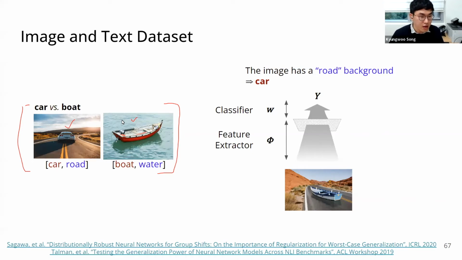In short, the machine might learn the non-invariant features, the background. It will cause a problem when we encounter a new image at test time. The machine will determine the right image as a car because the background is a road.